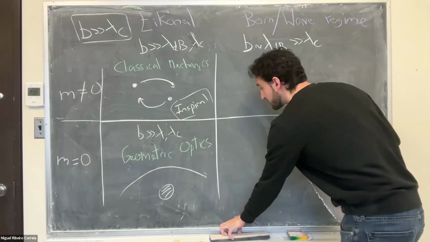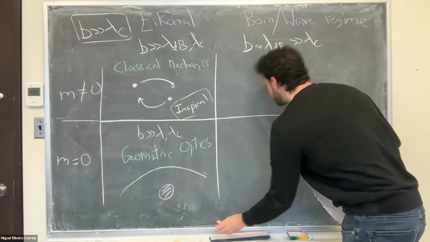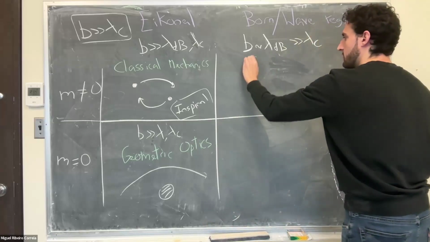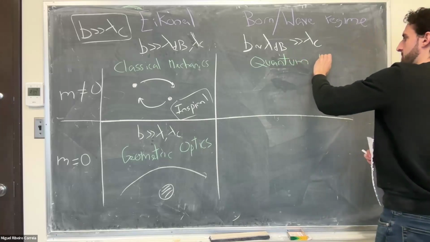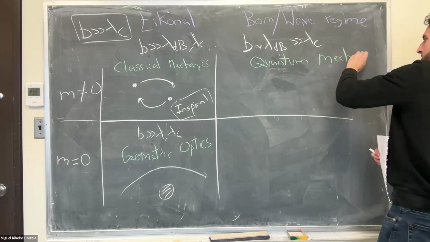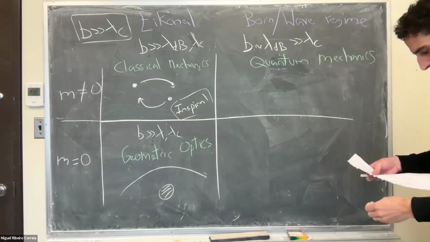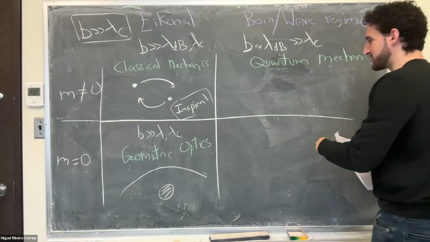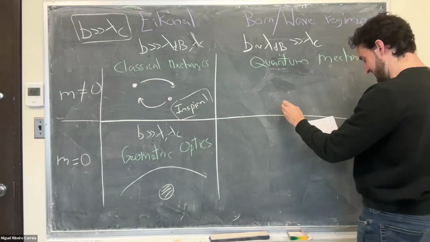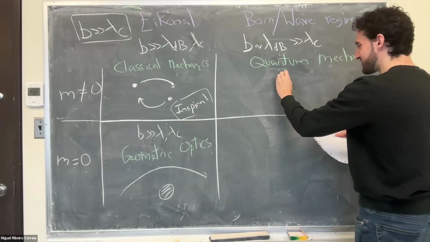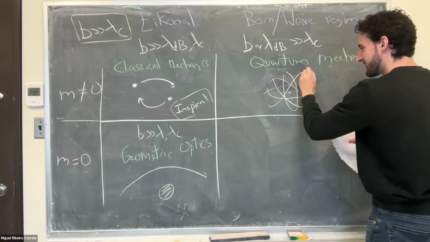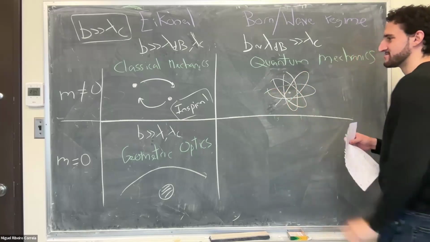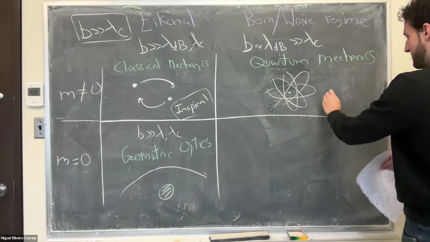So, for example, let me draw a picture. This would be the typical picture for the hydrogen atom, with a bunch of orbits.